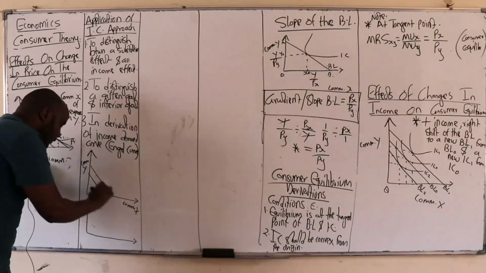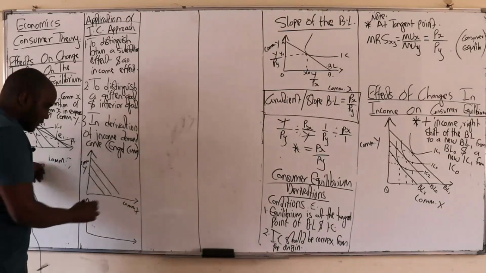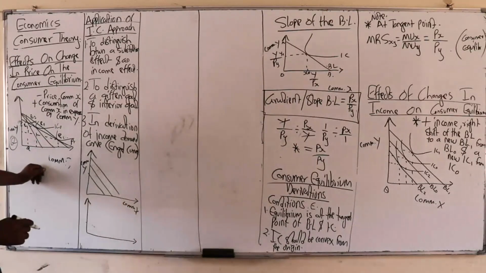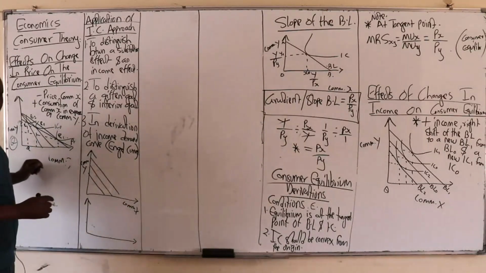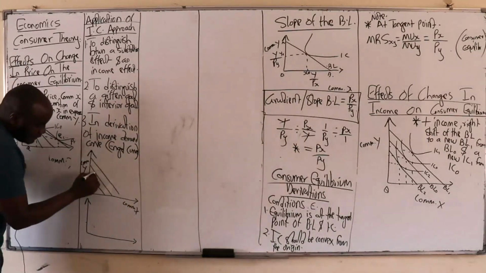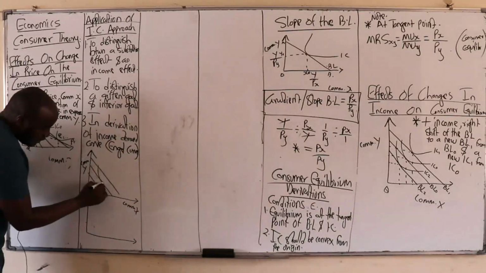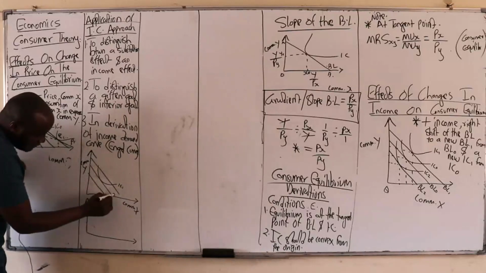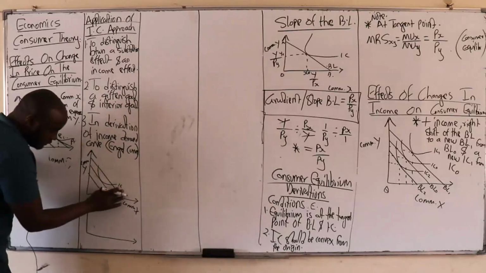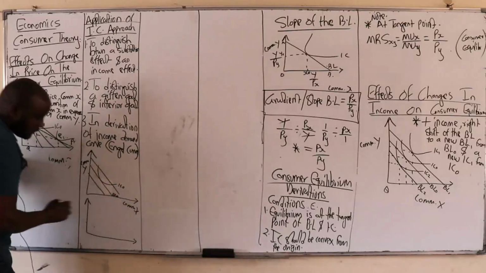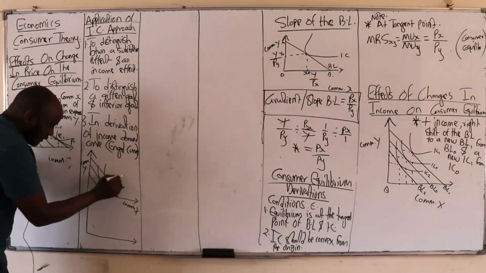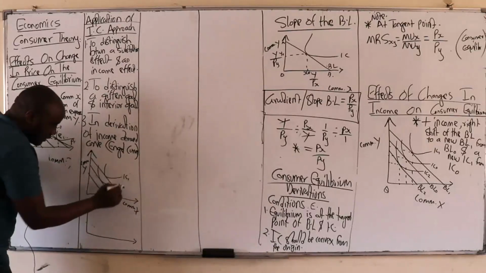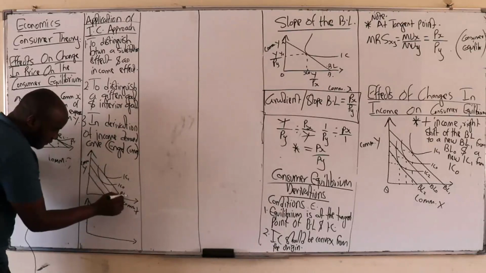We said that here we shall have our different, assuming this was our indifference curve 0, meaning that this is our BL0. This is our indifference curve 1, BL1.